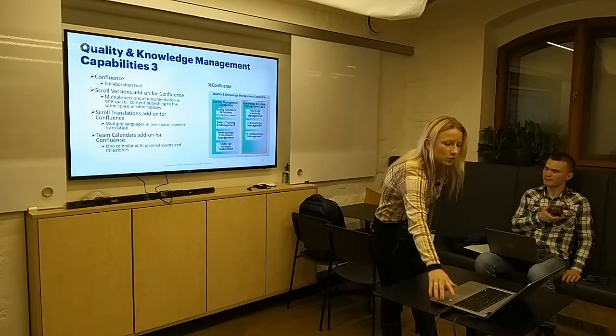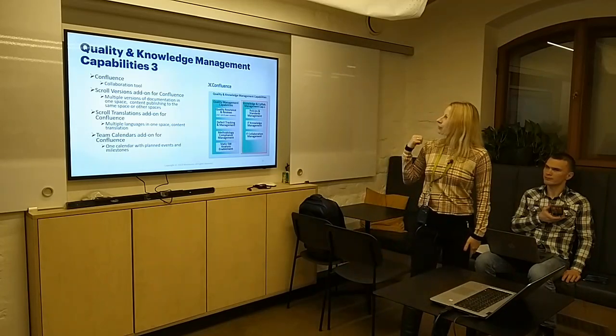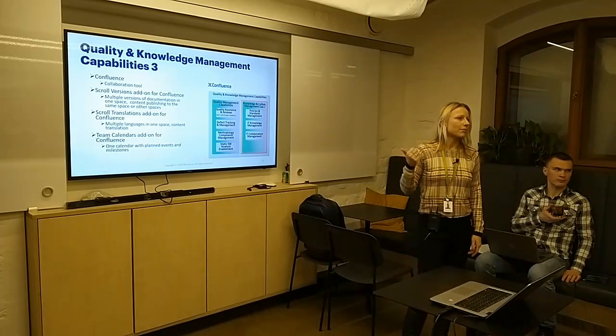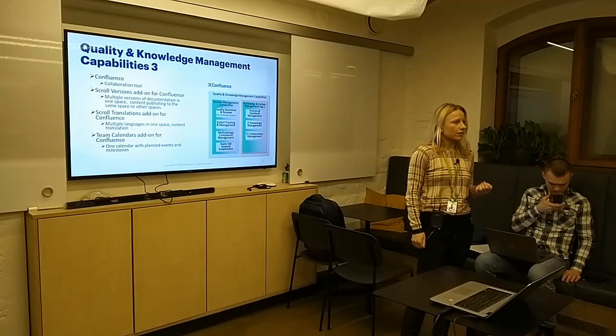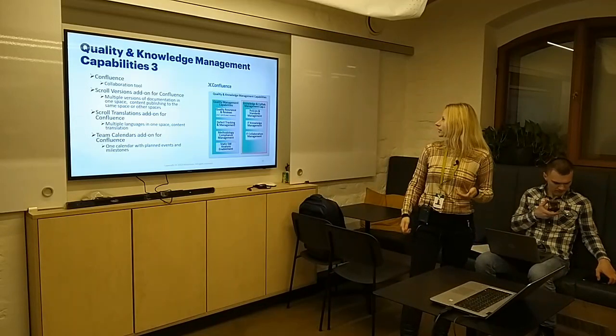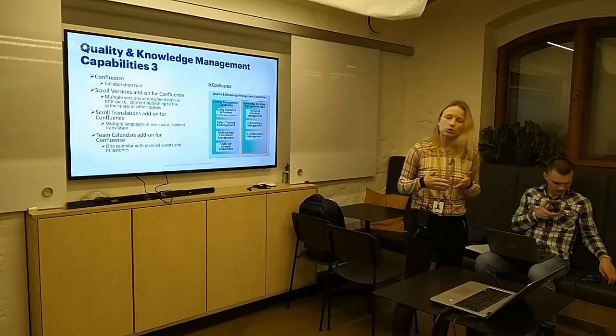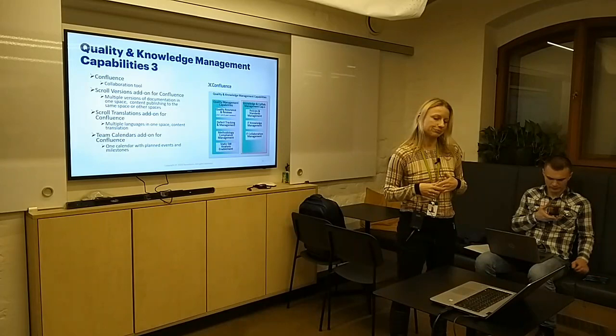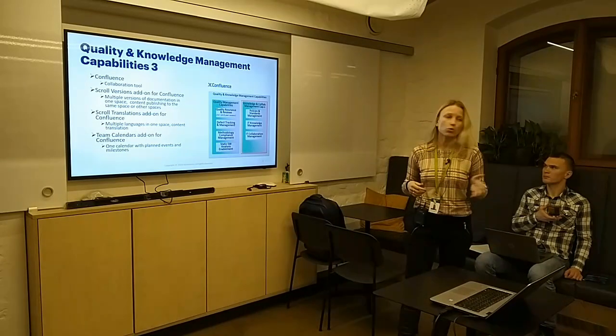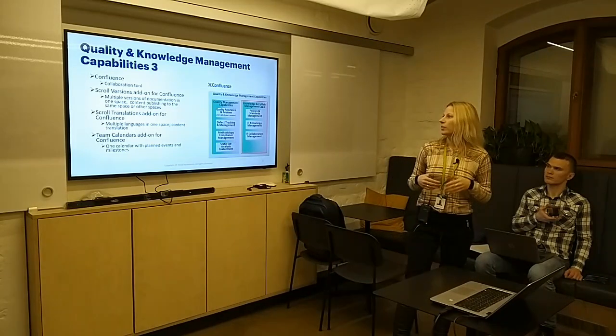Quality knowledge management capabilities: Confluence. As I mentioned, all policies and standards are in Confluence, as well as collaboration management and knowledge management. And we found a couple of add-ons very useful. Of course there are many, but some of them are really useful.